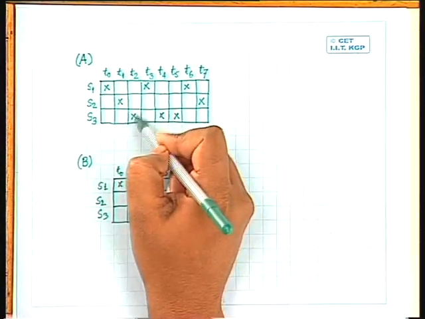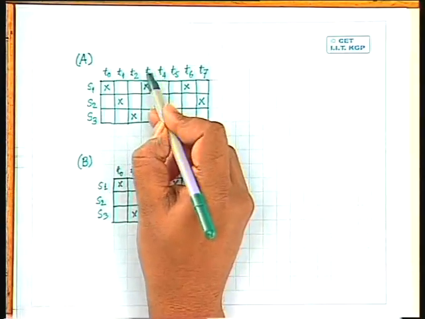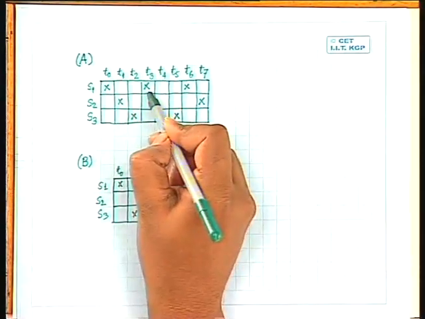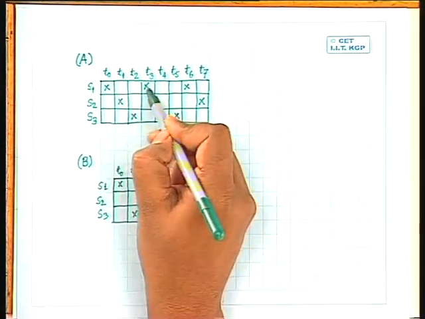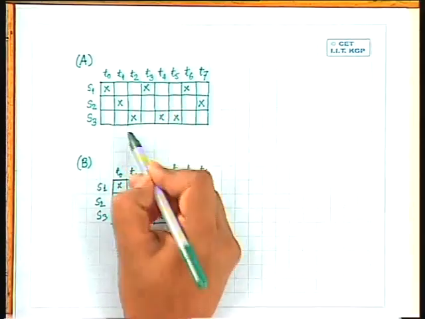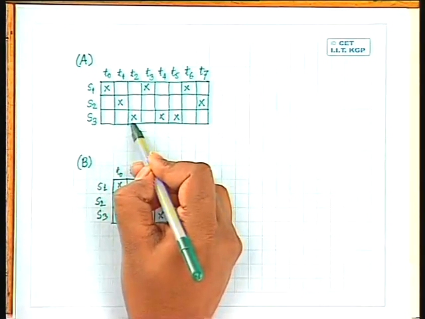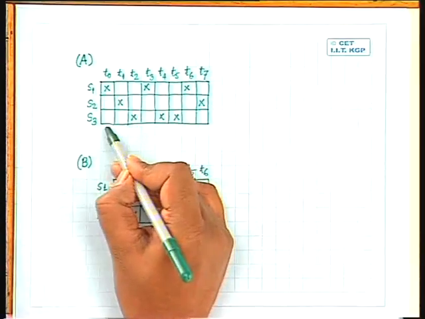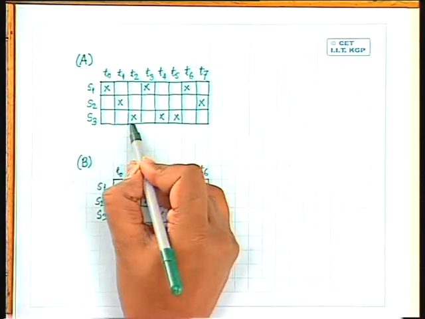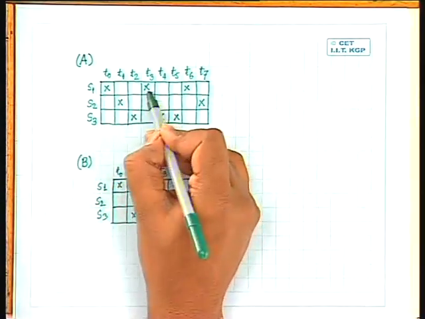But after that, during time interval T3, the processing block that is being used is S1. And prior to that, we had the output available from processing stage S3. That means now I have to feed back the data from the output of S3 to the input of S1. Okay.